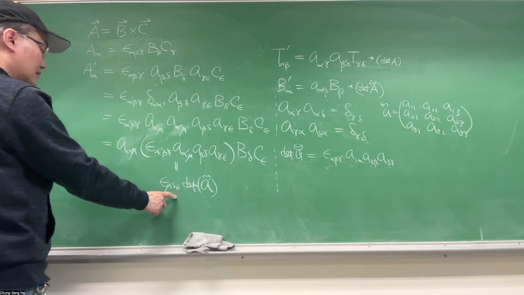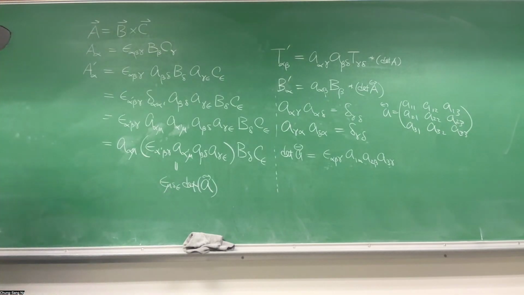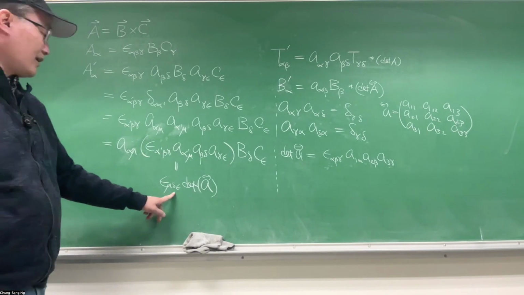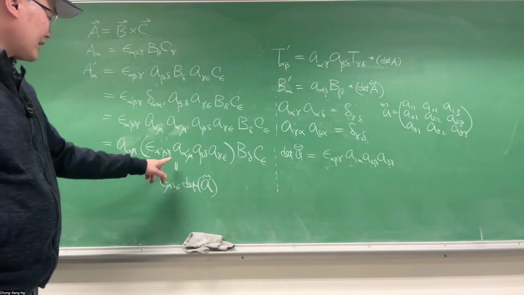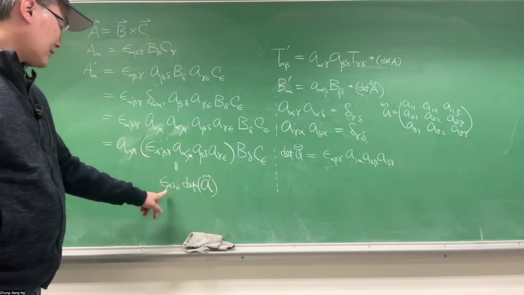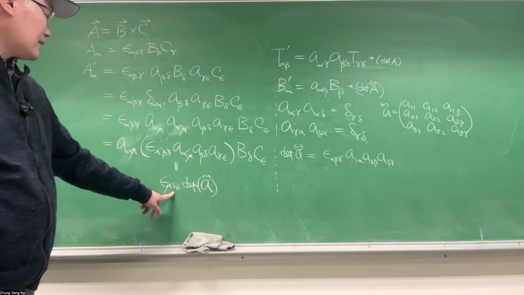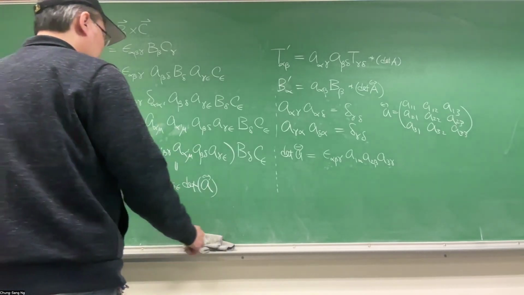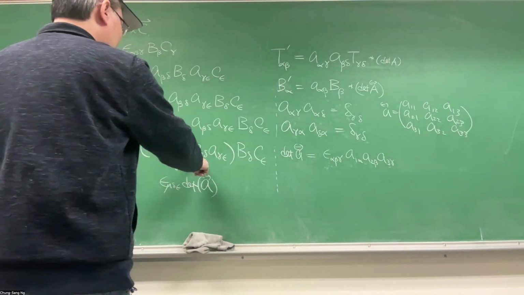So this expression is just like this one. If two of them are the same, say mu and delta are the same, this will give you 0, right? But that summation will also give you 0.